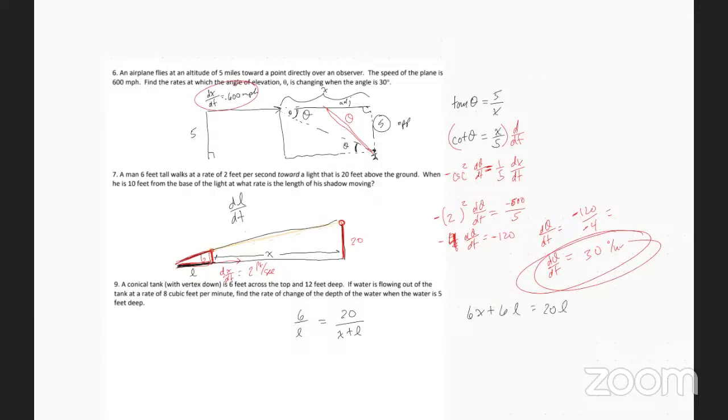So 6x equals 14L. Something doesn't seem right. Because if I take the derivative of this, I feel like I'm missing something here. If I take the derivative of this, I'm going to get rid of my X and my L. So something's not right about how I set this up.